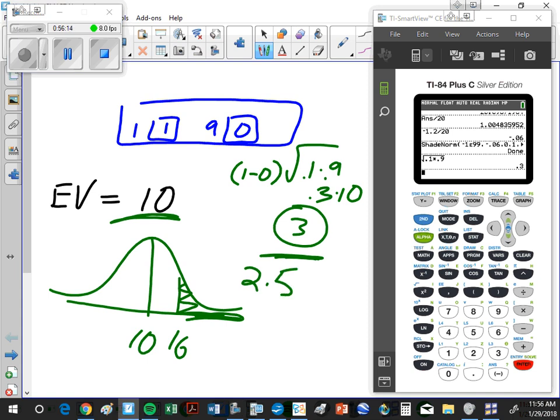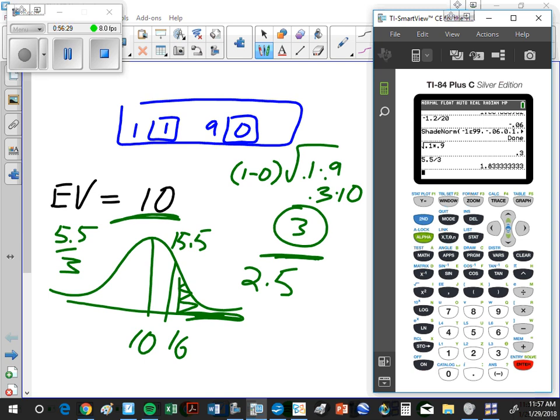So without endpoints, we ended up with 2.5%. Let's see what happens if we do use endpoints. So that would be 15.5, right? So that's 5.5 divided by 3, which is 1.83.